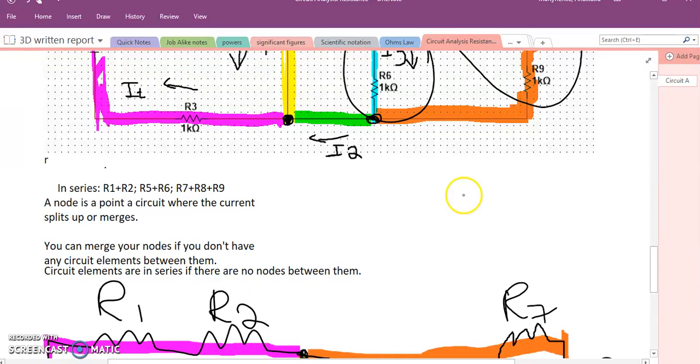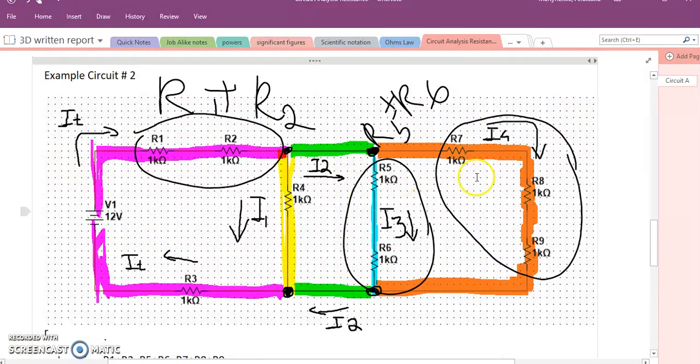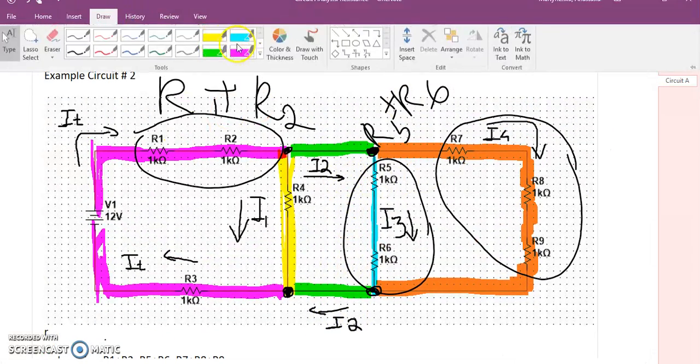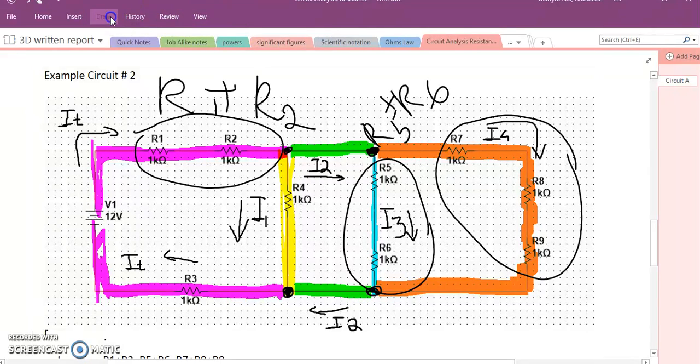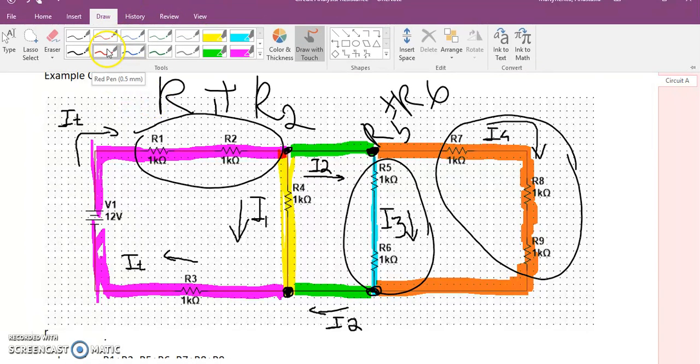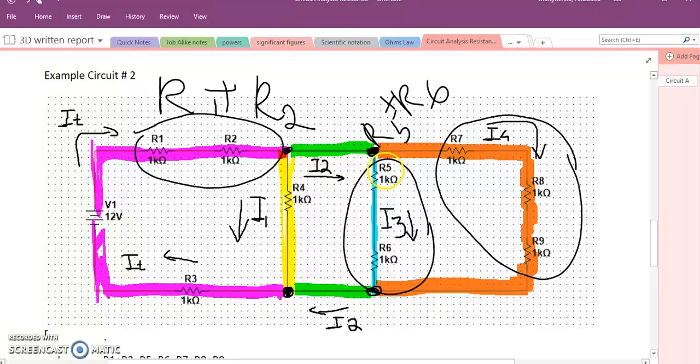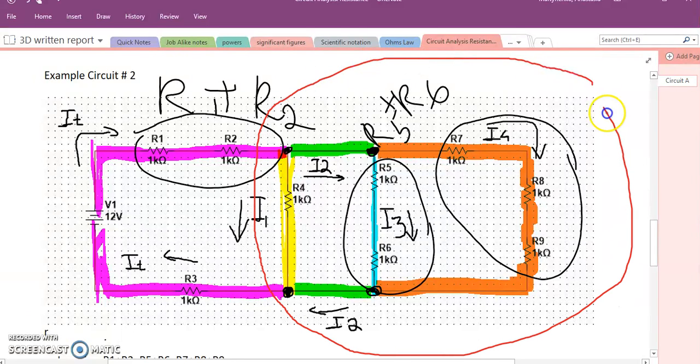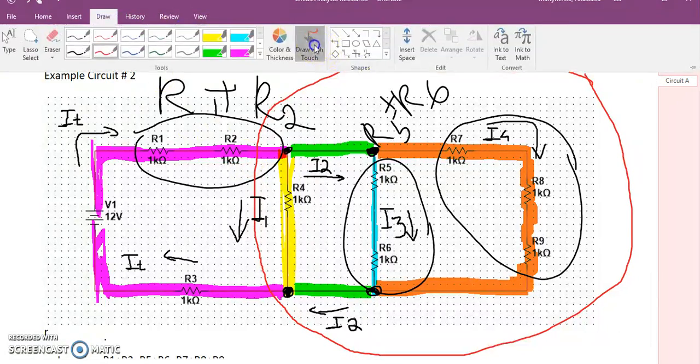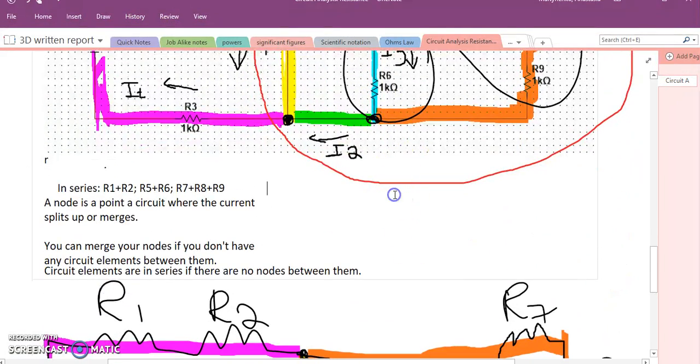So, let's extract an expression for what is actually parallel in this circuit. And I already told you what it was, right? I told you that it's R4 parallel R5 plus R6 parallel R7 plus R8 plus R9. So I'm going to put down everything in this bubble in the big expression below.